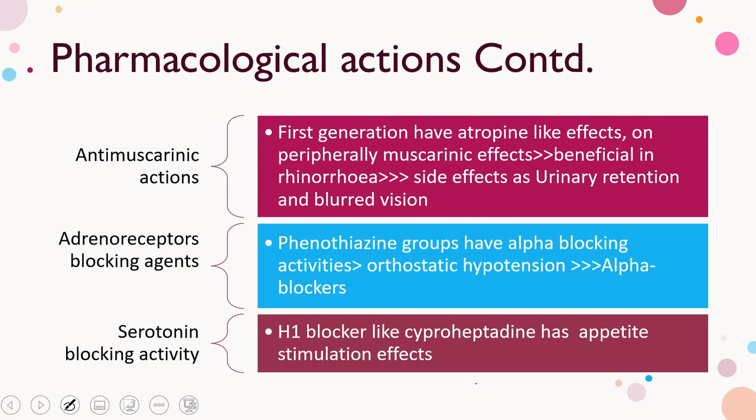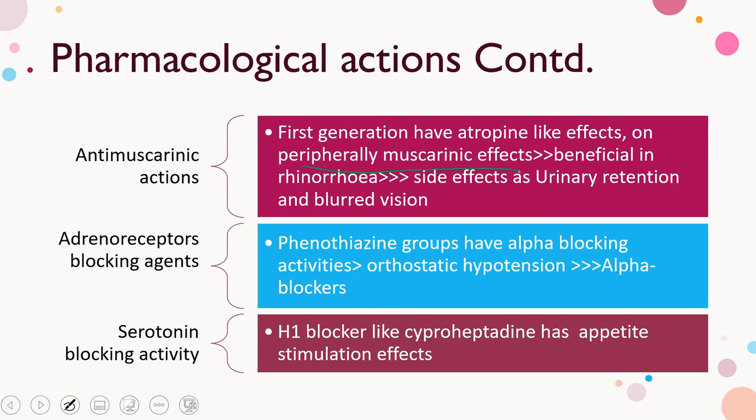Regarding the antimuscarinic action, the first generation of antihistamine drugs have an atropine-like effect, and remember, it acts on the peripheral muscarinic receptors. This could be beneficial, especially in rhinorrhea, when your patient has excessive nasal secretion, because the nasal secretion will be decreased when you use antihistaminic drugs.